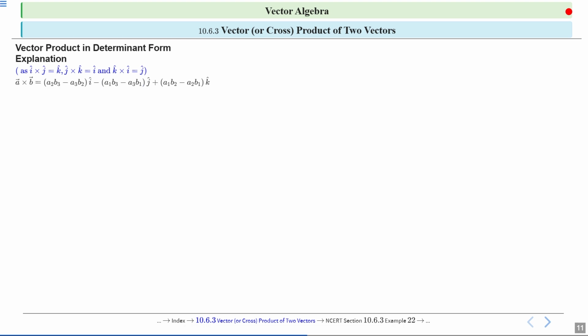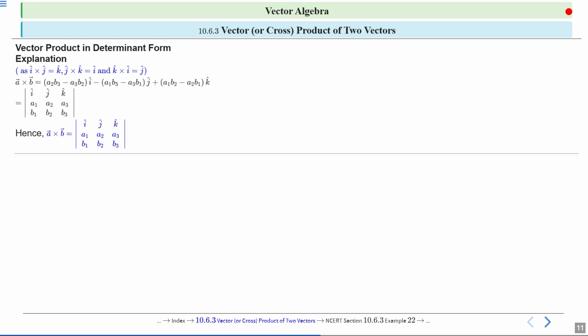So a vector cross b vector will be equal to a2 b3 minus a3 b2 i cap minus a1 b3 minus a3 b1 j cap plus a1 b2 minus a2 b1 k cap, okay? Which is equal to the determinant of i cap, j cap, k cap, a1, a2, a3, b1, b2, b3.